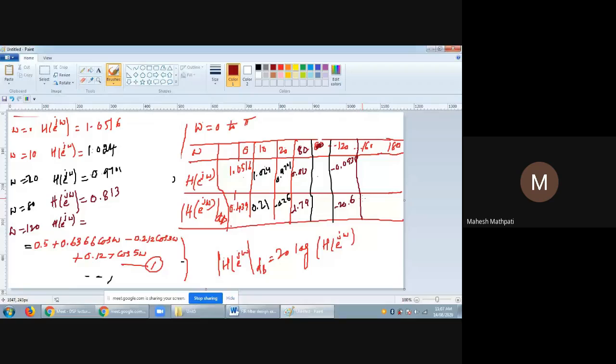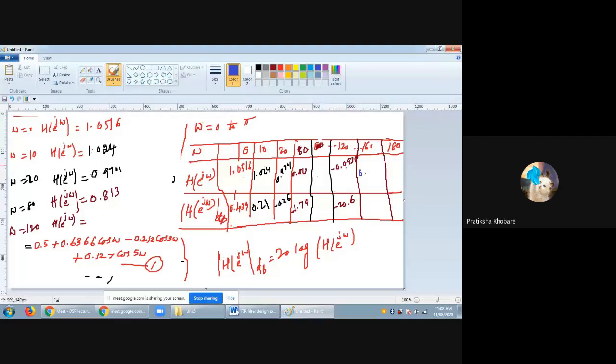Okay. So then calculate at 160. At 160 if you calculate the value... 0 point... Yes.